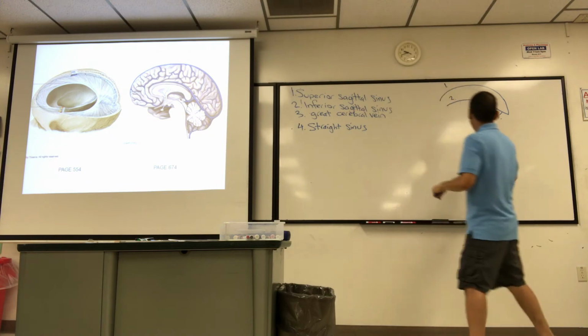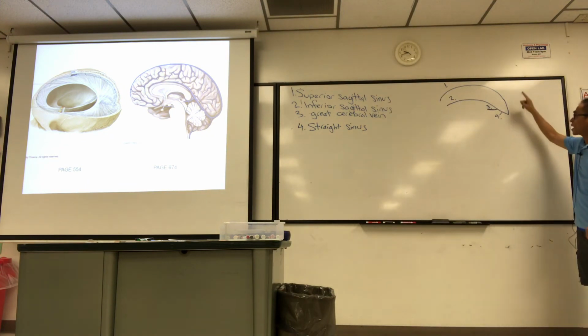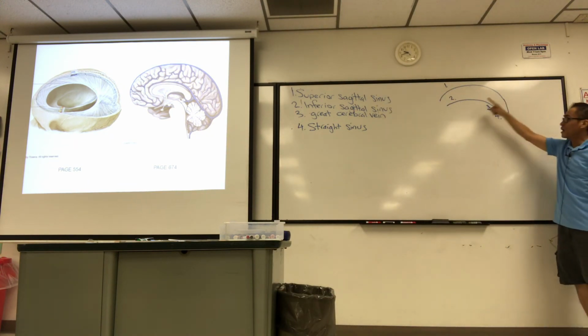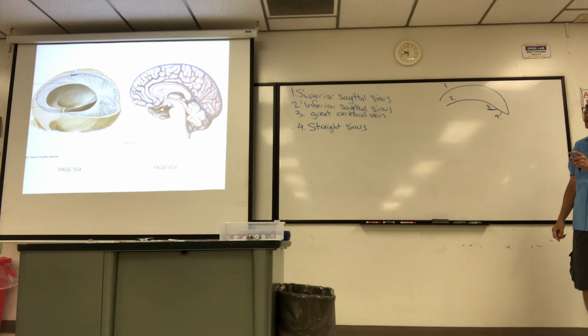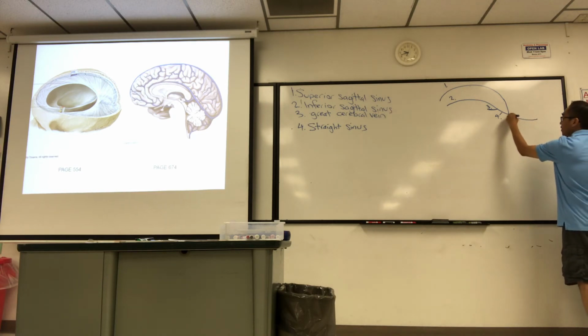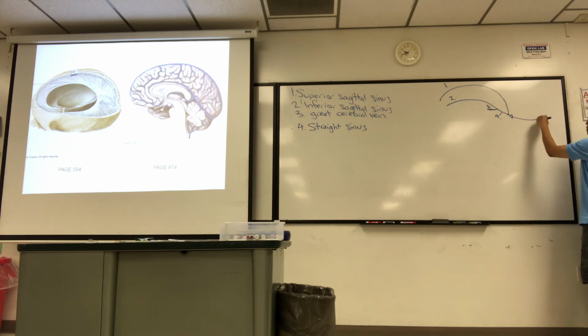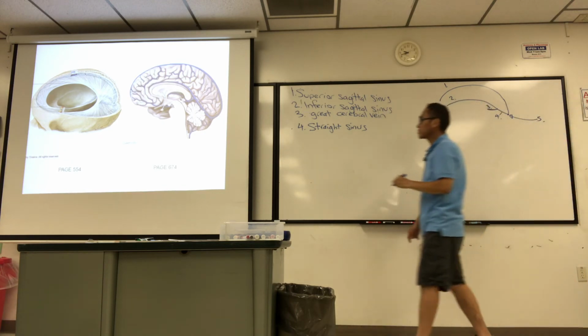All right, at this point right here, you've got superior and inferior sagittal sinus, great cerebral vein, straight sinus. That point where they all merge is called the confluence of sinuses. They all flow together there. Call it number 5, confluence of sinuses.